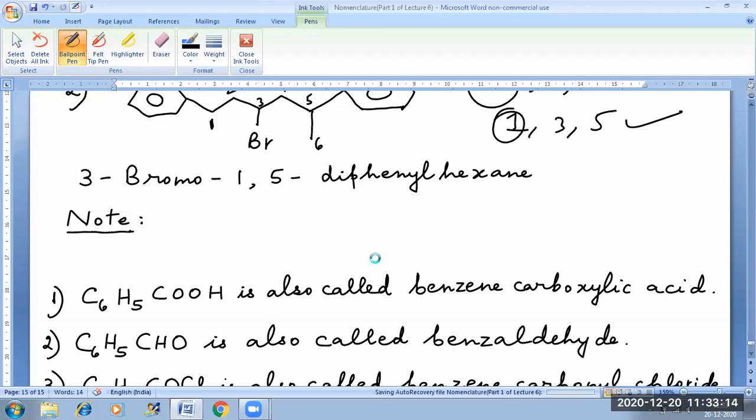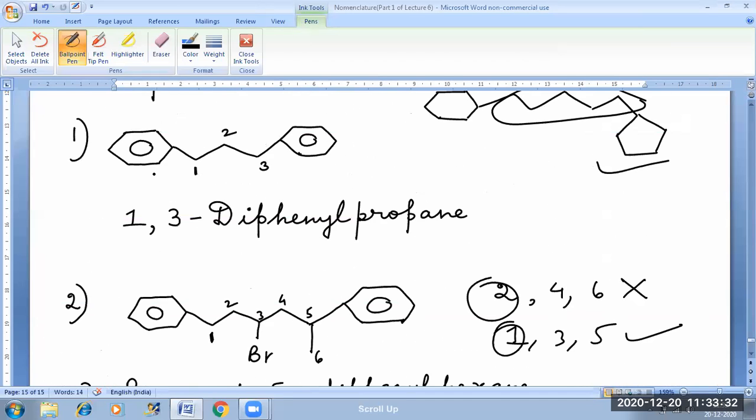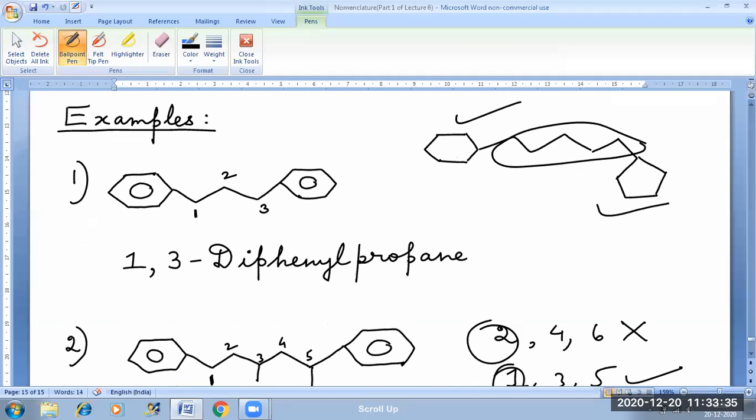Okay. So this actually was a continuation of the previous lecture. Now today's lecture will start with the last part. We can note down this part. No, not required. You can just note down the examples which I wrote above for the compounds having two or more than two aromatic rings. Just note down these two.